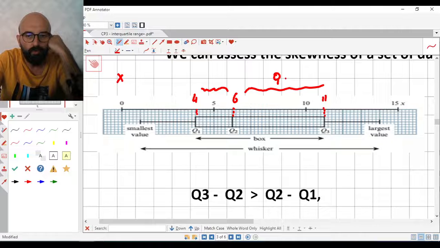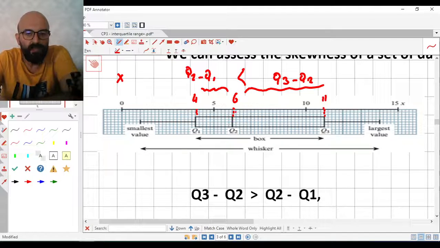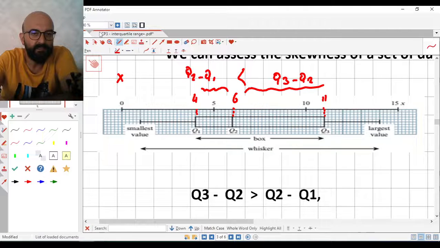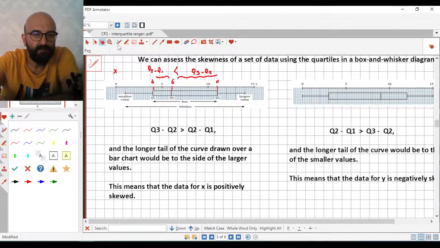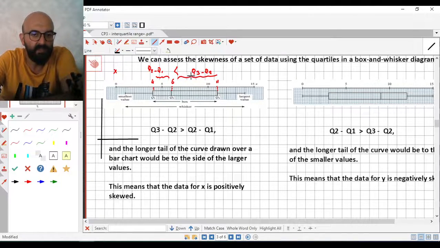So Q3 minus Q2 is greater than Q2 minus Q1. So it shows us the graph looks like this situation. For example, imagine that in the graph this range is greater than this range, so it means, for example, like this.